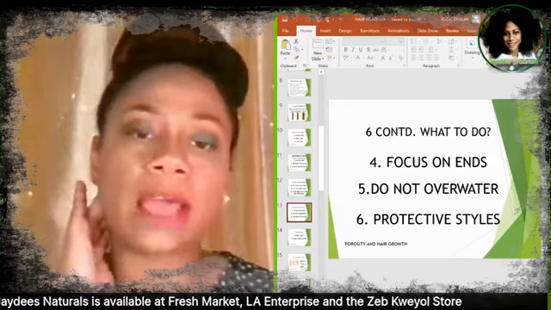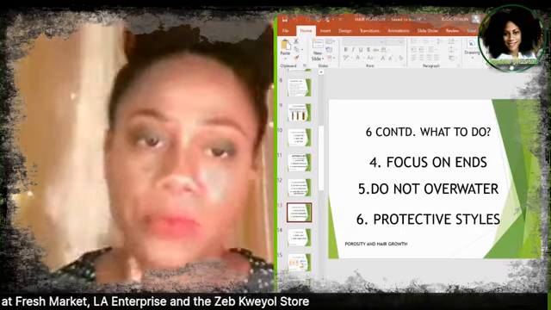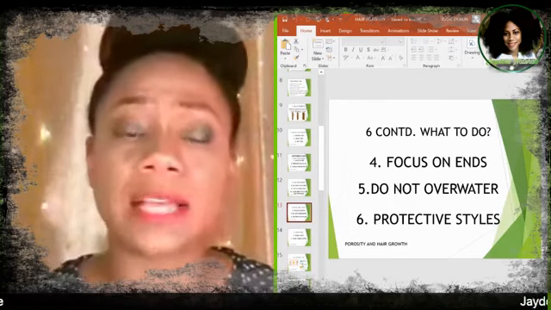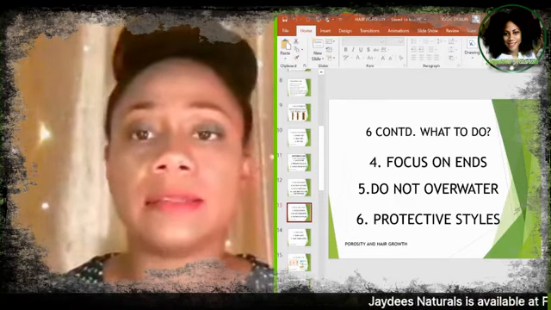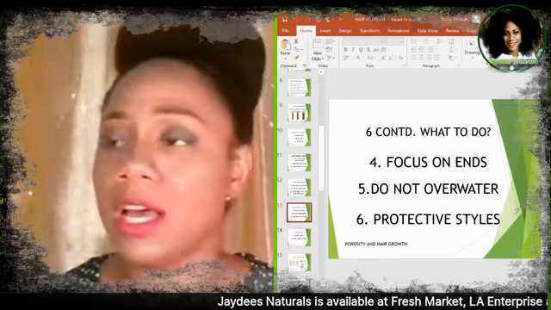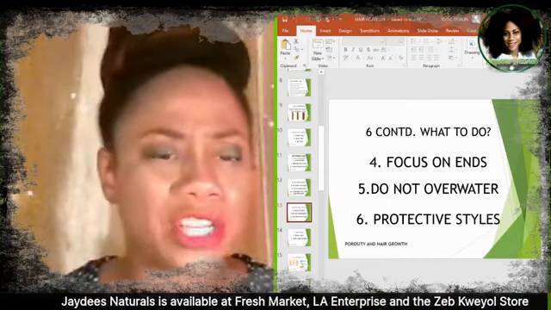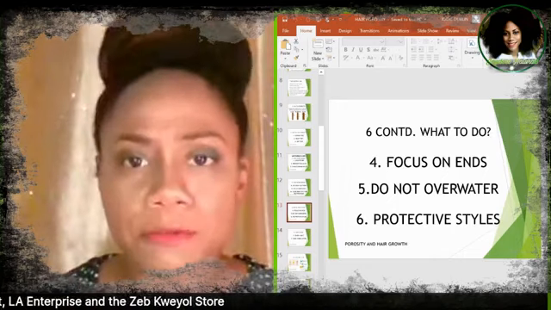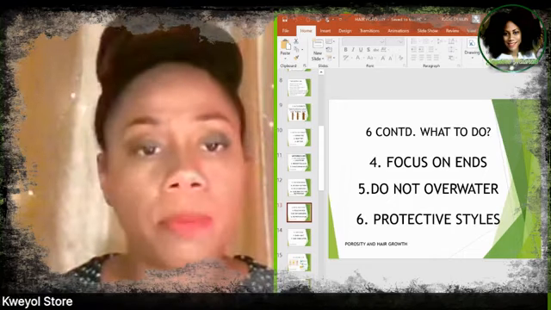I always recommend heat for low porosity hair because the cuticles are so tight, and you might put conditioner on your head and there's no reaction, no change in your hair texture. Therefore, you will need to incorporate heat.